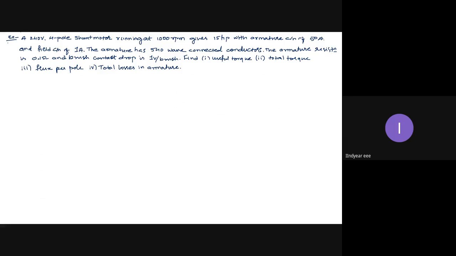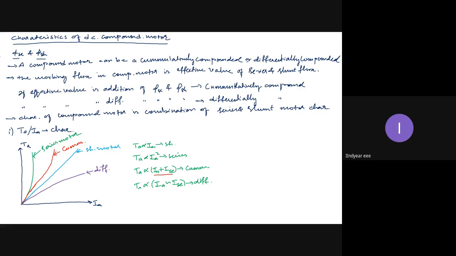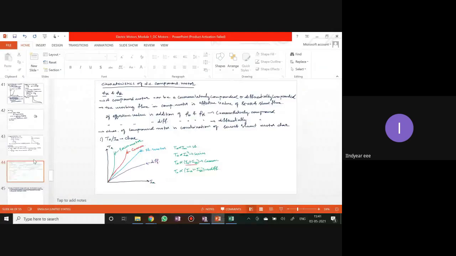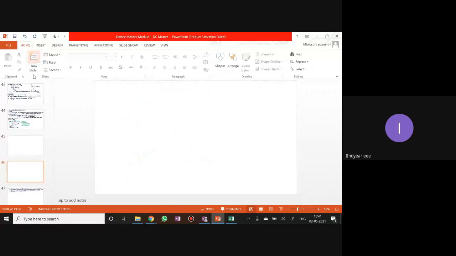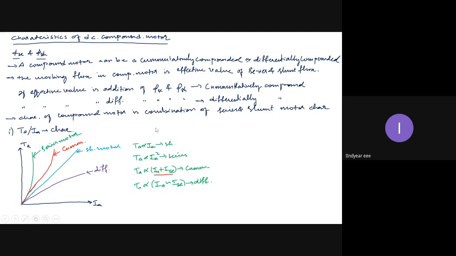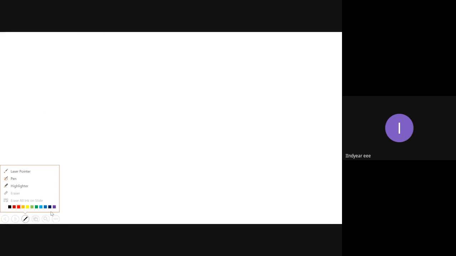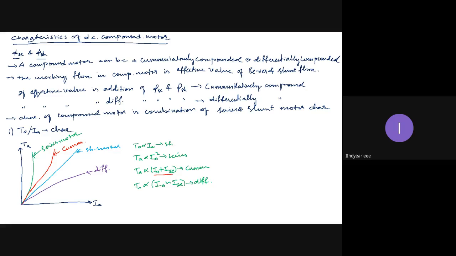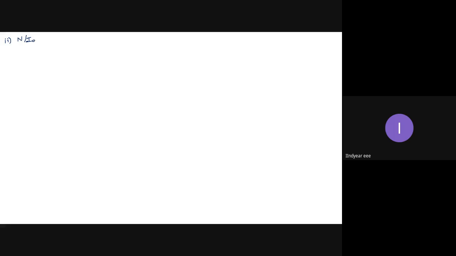The second characteristic is speed armature current characteristic.